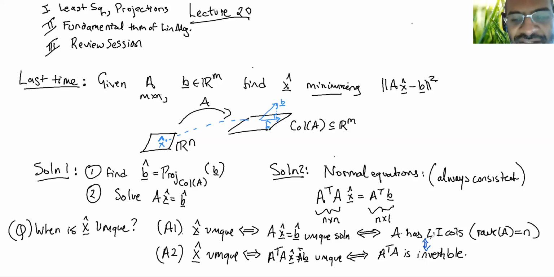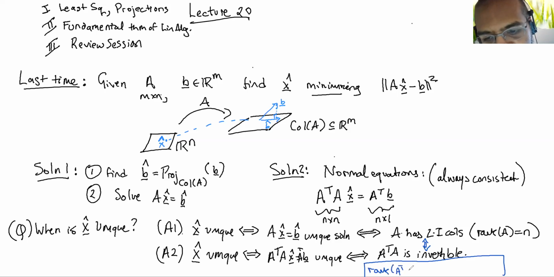And there's actually an instance of a more general fact, which I won't derive in class, but you can derive it using similar reasoning, which is that rank of A transpose A is equal to rank of A in general. Okay, this is a not obvious fact, but you can derive it using this reasoning about least squares.